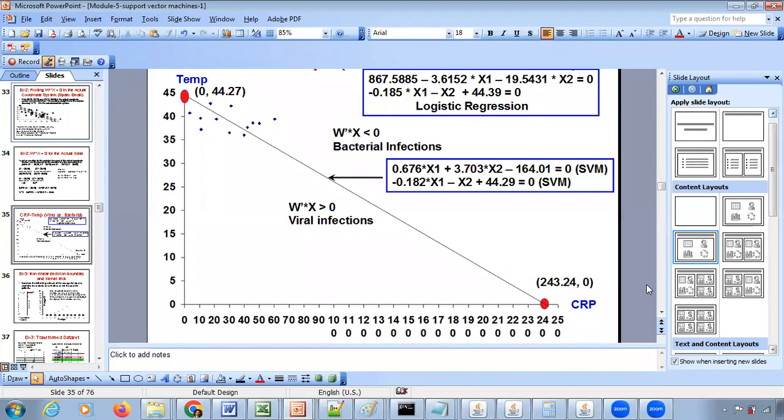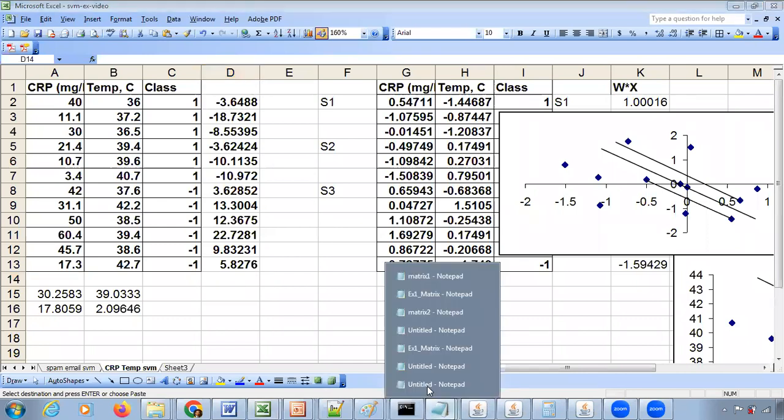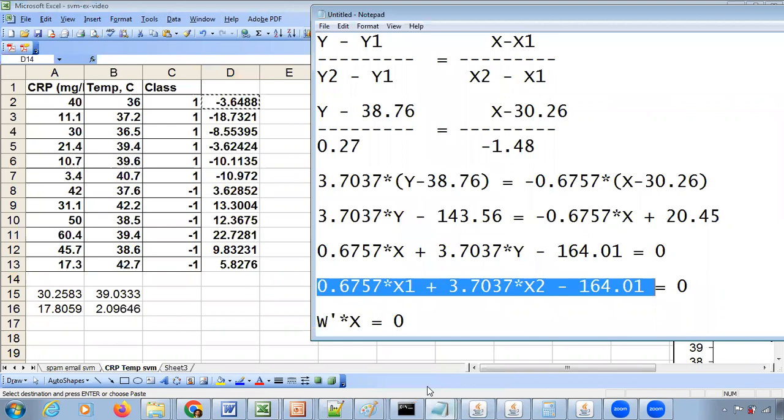It's just the way you rewrite the equations.